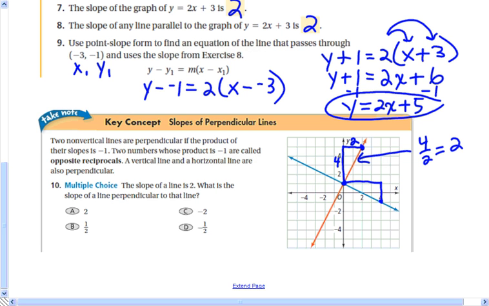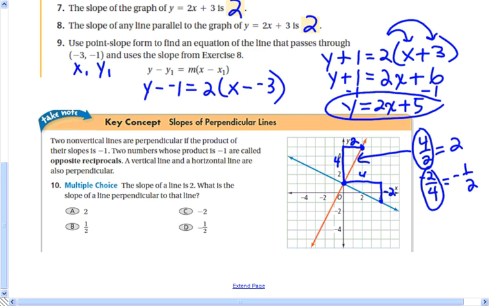And rise over run. This run is 4, and the rise is actually -2 because it's going down there. So that's -2 over 4. Well, notice right away that this slope is 4 over 2, and this is 2 over 4. Only one is positive and one is negative. And 2 and 1/2 are reciprocals.